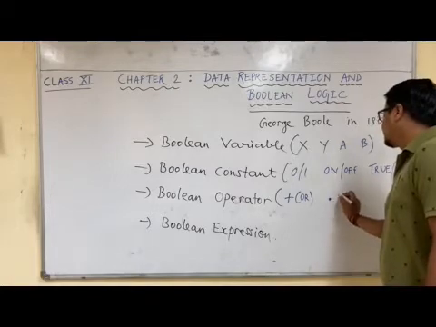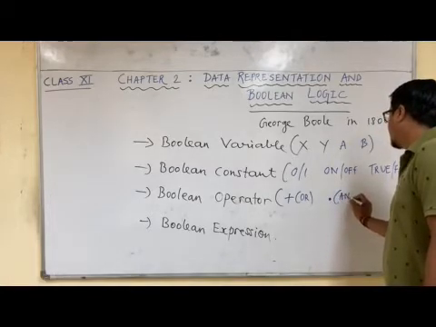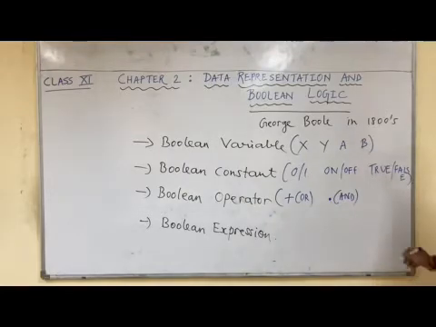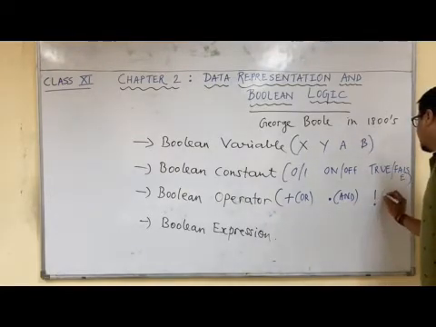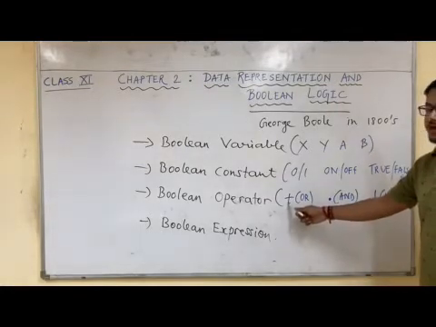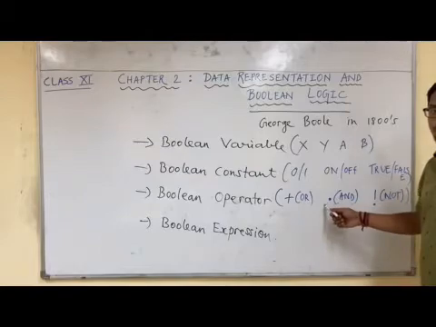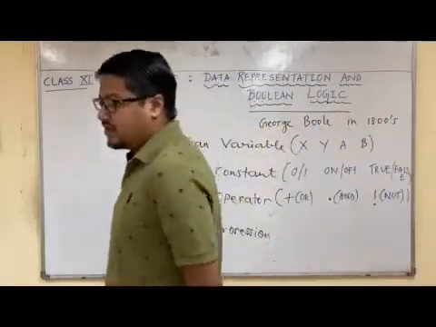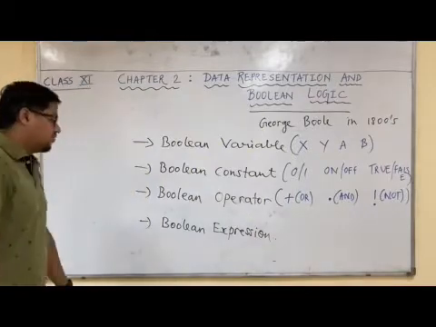Second is AND, dot is referred to as and. Third one is NOT, exclamatory mark is referred to as not. This is called Boolean addition. Plus is or, dot is and, exclamatory mark is not. We will discuss them in a while.